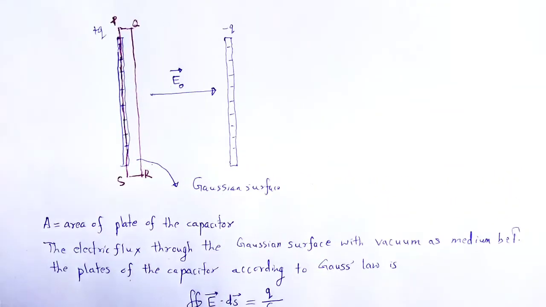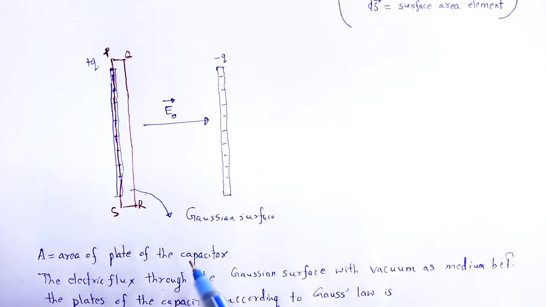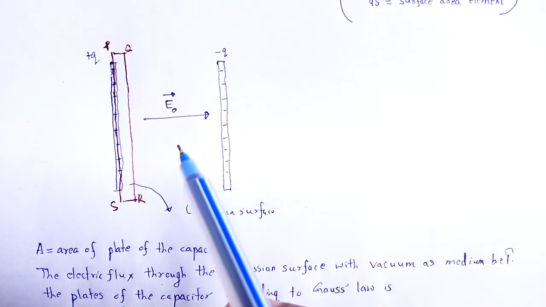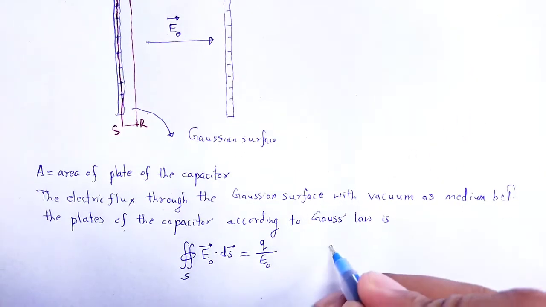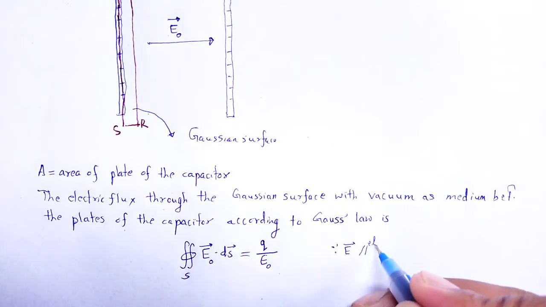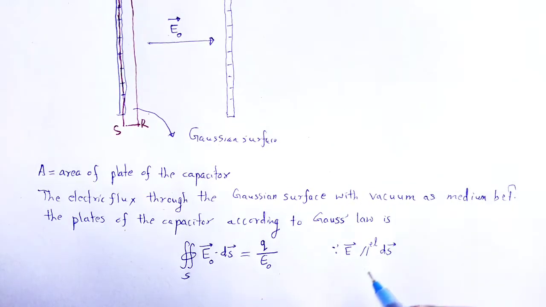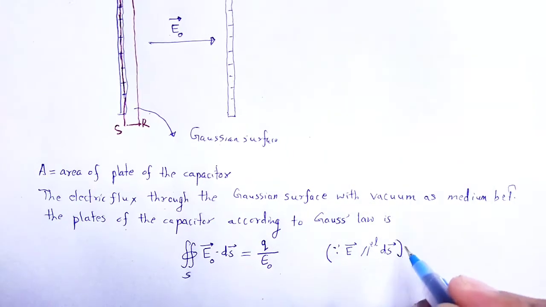Here the electric field and surface area vector are parallel with each other. Therefore, E dot ds is equal to E ds cos 0, and cos 0 is equal to 1.